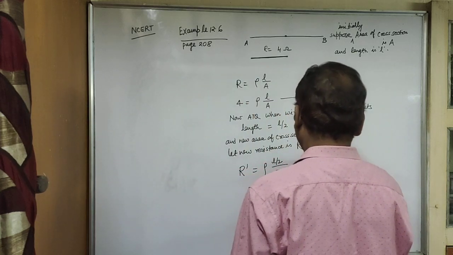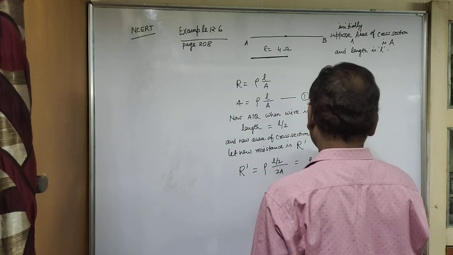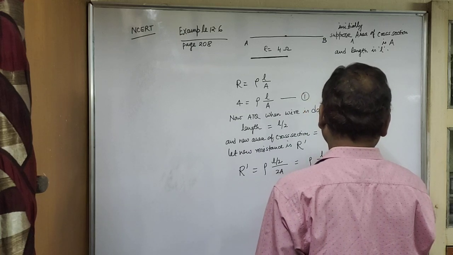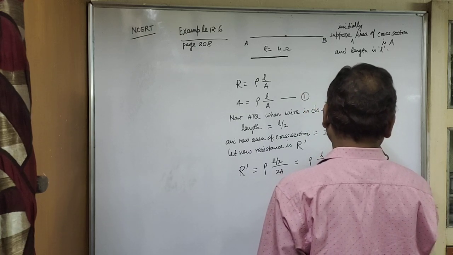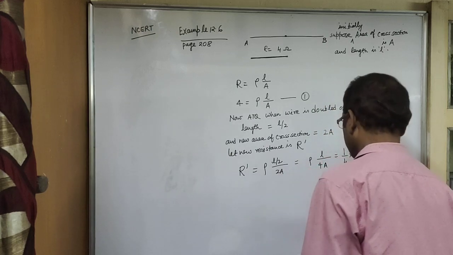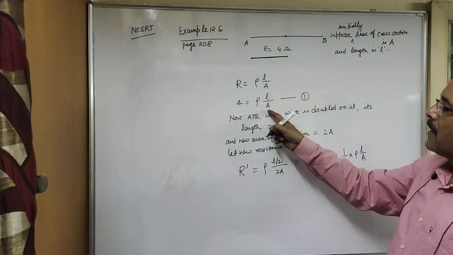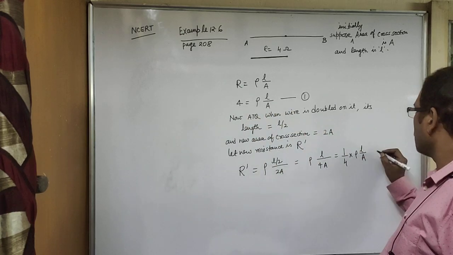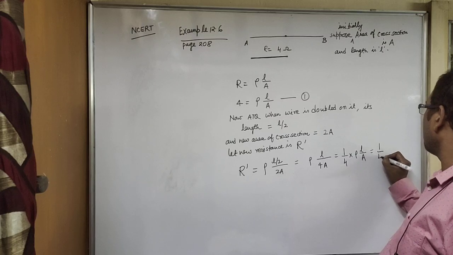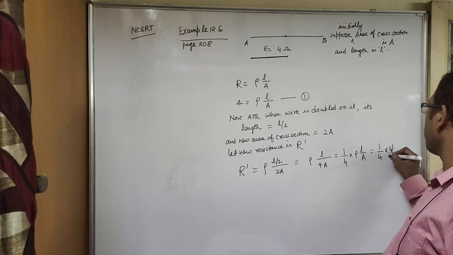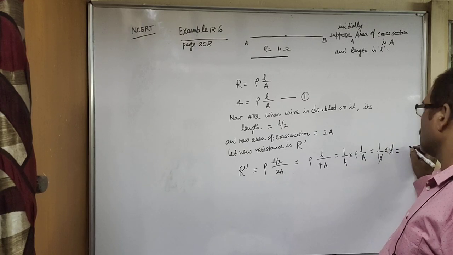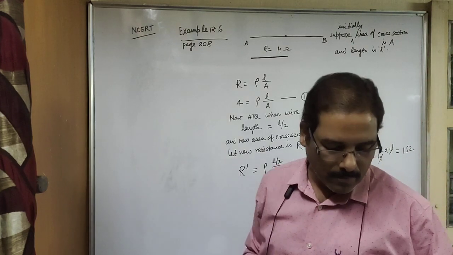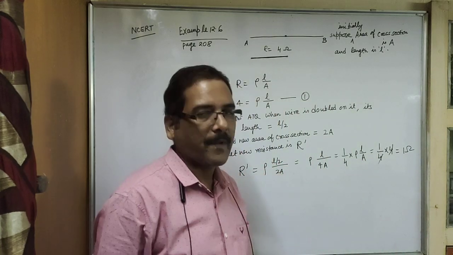So this can be written as rho L by 4A. Now this can be written as 1 by 4 into rho L by A. Now rho L by A is equal to how much? 4. So we can write 1 by 4 into 4. 4 cancels. So the new resistance will be 1 ohm. It means 1/4 of it.